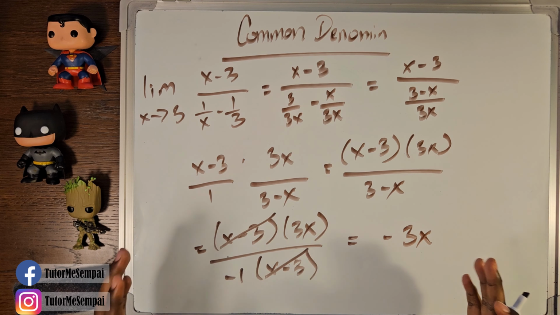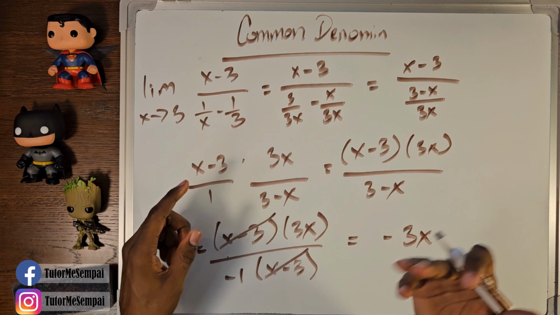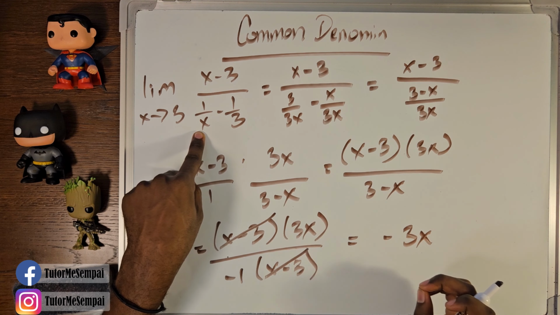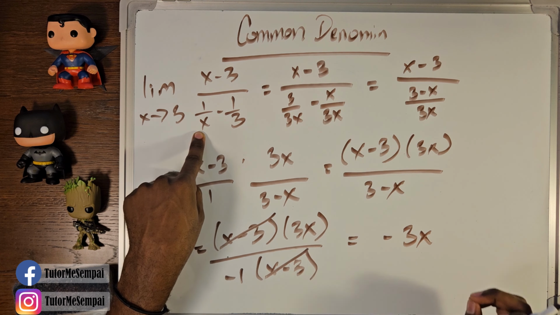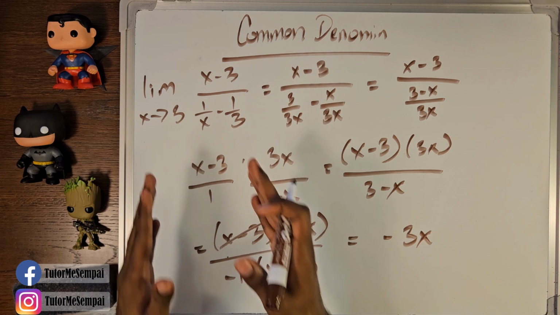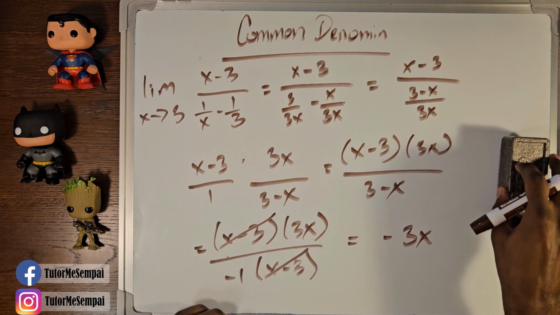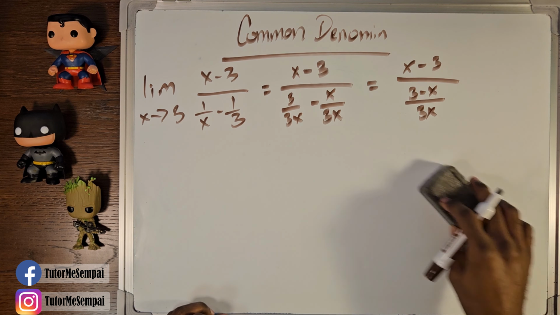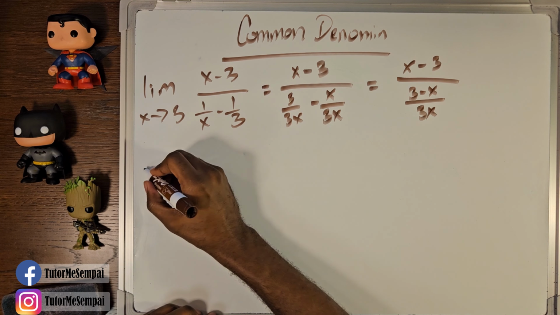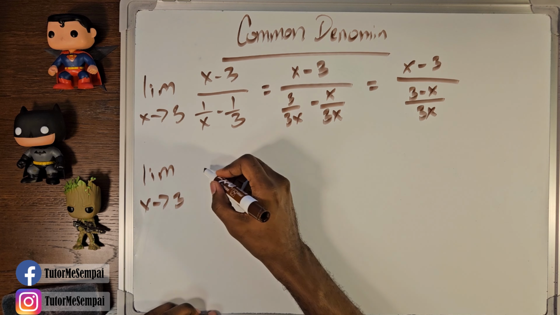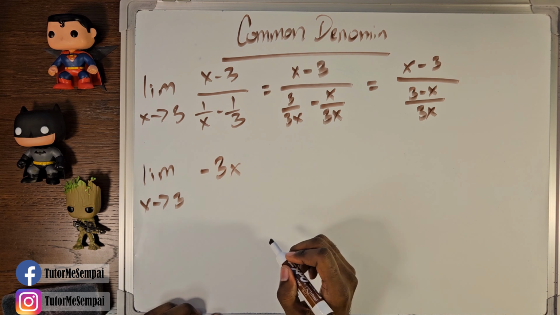Our simplified version of x minus 3 all over 1 over x minus 1/3 is going to result in -3x being its final form. That means that we can simply rewrite this limit as the limit of -3x. So we're going to erase this and say that our limit here is going to be the limit as x goes to 3 of -3x.